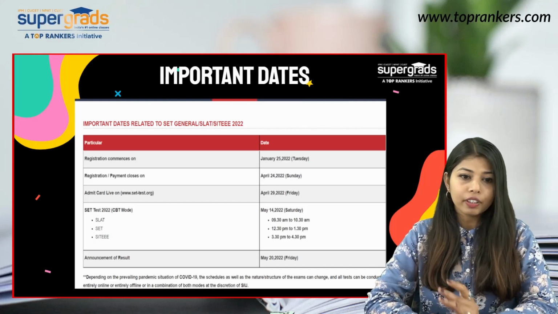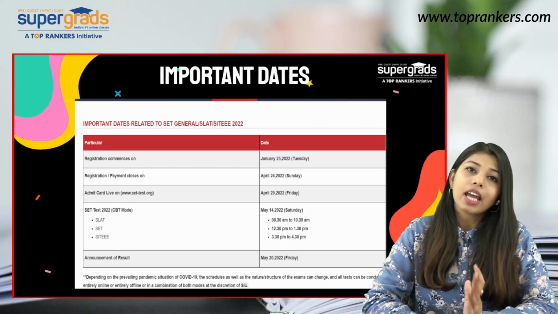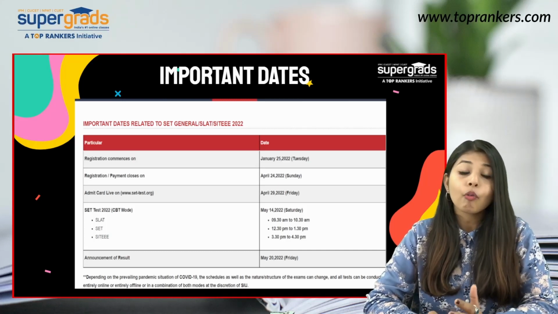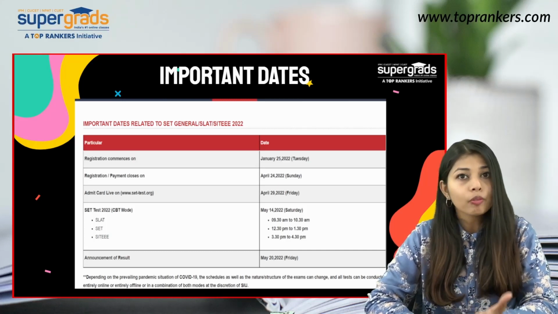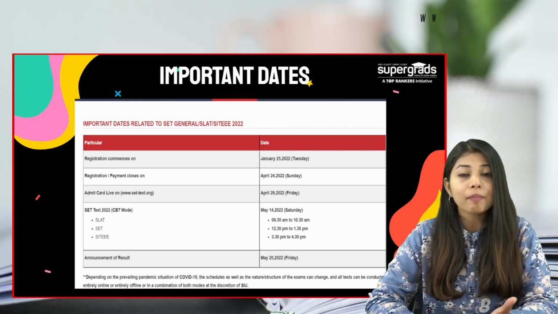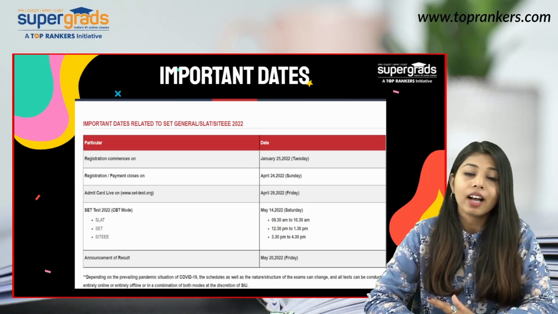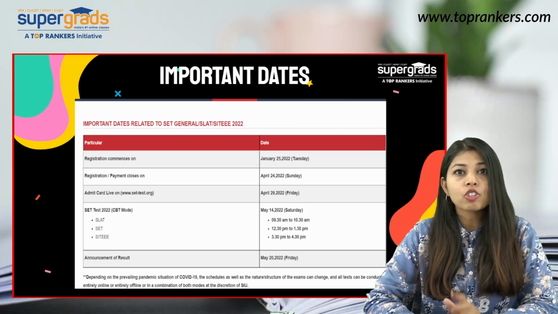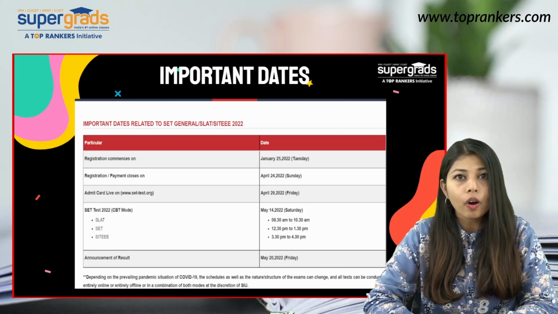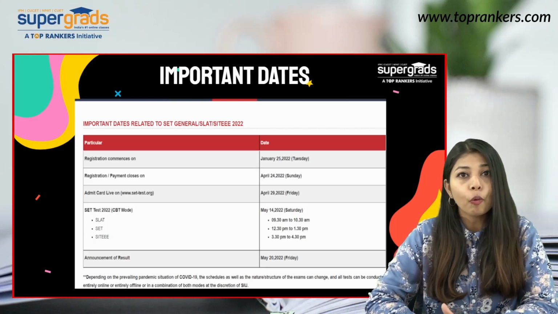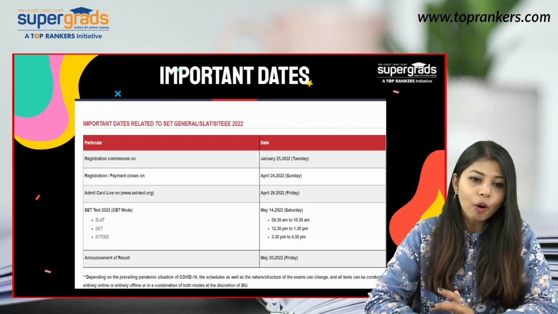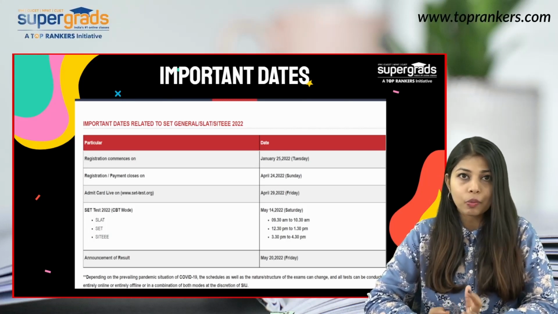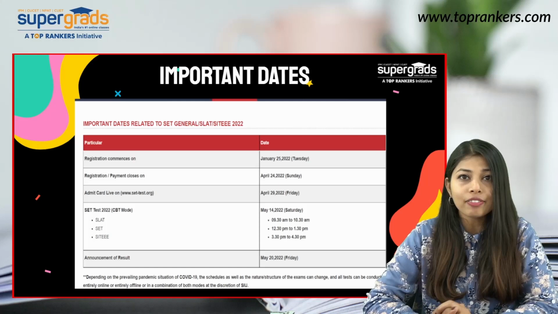Obviously, there are different time slots for different entrance tests, and you can fill more than one form, keeping in mind that there will be separate application fees. But the exam date will be just one day. It will be conducted on a single day, that is on 14th of May. Now, the results of the Symbiosis entrance test aptitude test will be released on 20th of May.